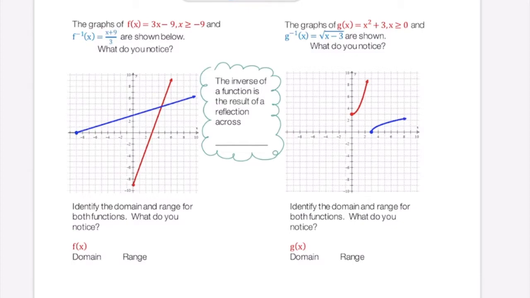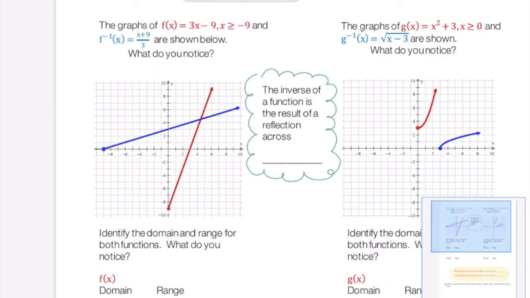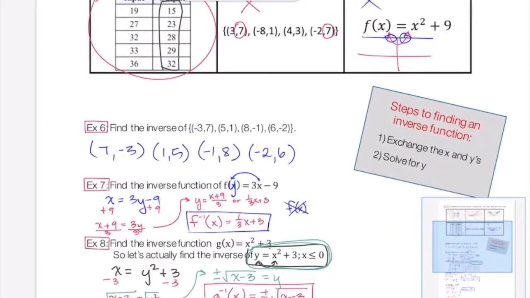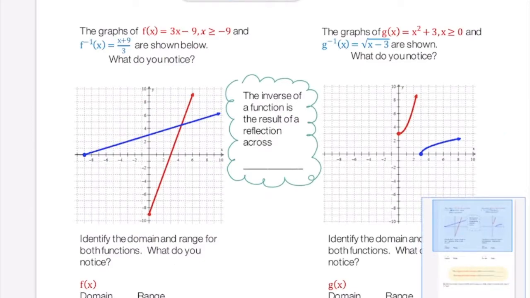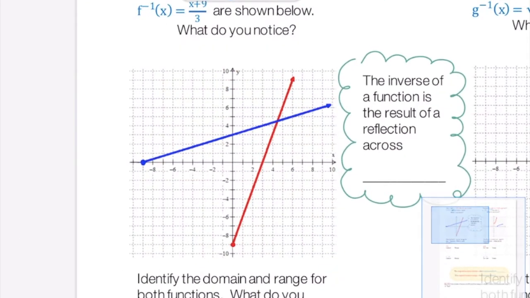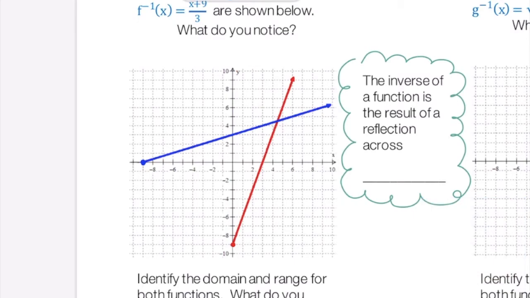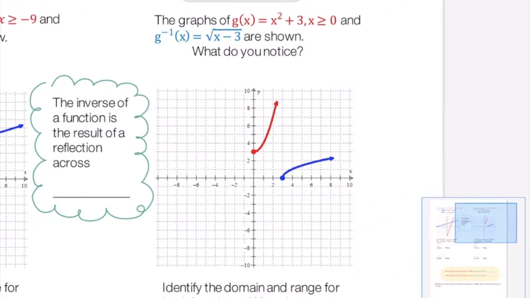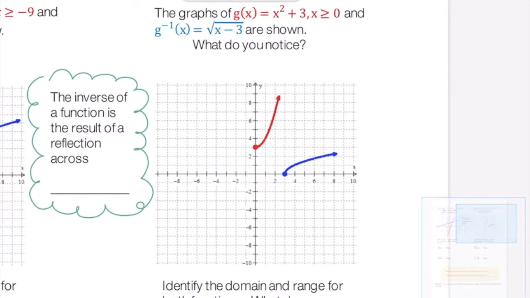Okay, so now let's look at the graph of inverse functions. So that first one, it's actually taking the same function rule that we did on example 7, and both of those equations are graphed. So I want you to notice how those look. And then we'll move on to the second one, which was also on the previous page, and I want you to look at how those 2 graphs look.